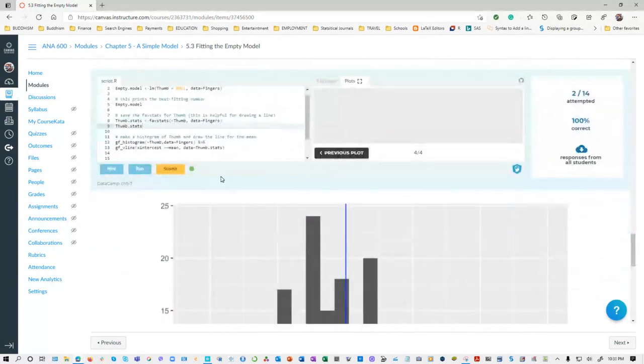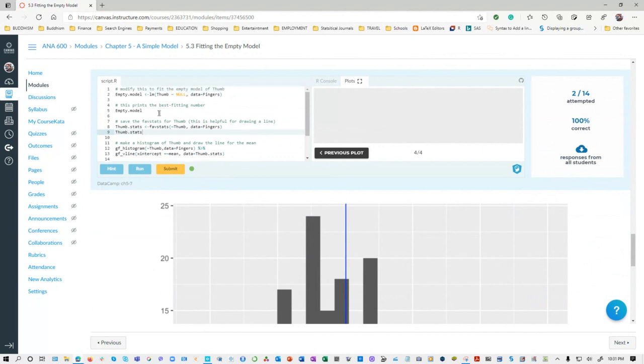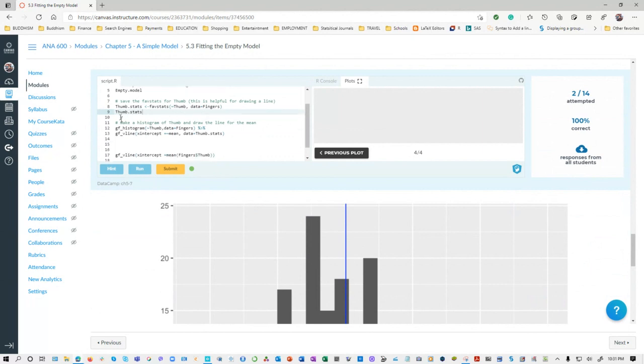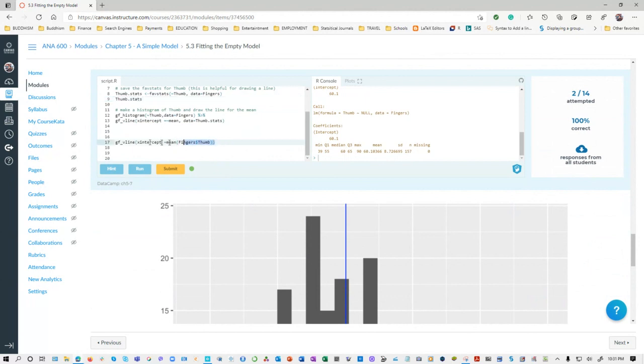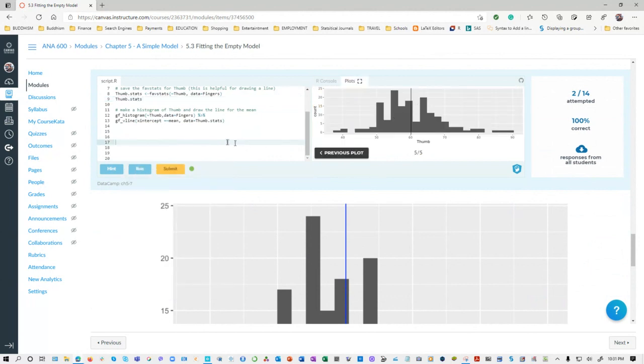Oh, what happened? Mean, data, thumb stat. Because this one is right. Thumb stat, I'm running that one. Okay, it works. Look at the extra one. That's the plot.